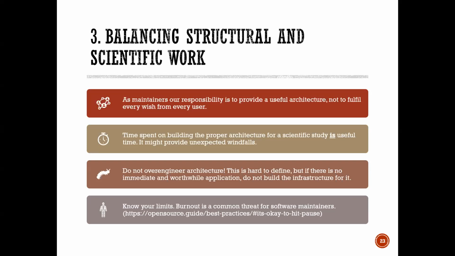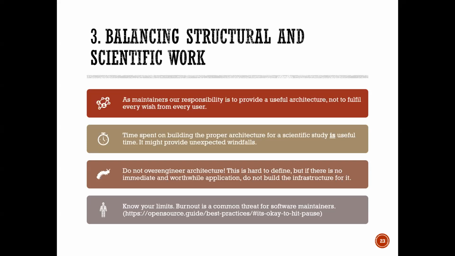On the other hand, this has a danger, or this might tempt you to over-engineer architecture, which essentially means try to make everything replaceable without a concrete goal or a concrete application.